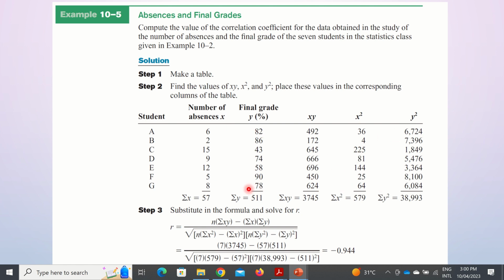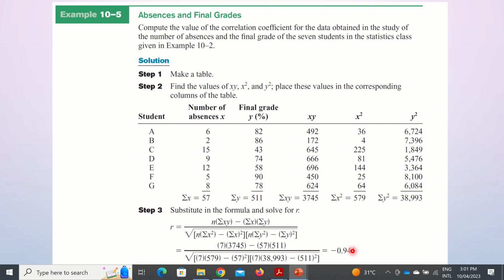If you put the values in the formula, we get minus 0.944, which is obviously a negative number, and in that scatter plot you might have seen that the line was sloping downward. So we have a negative correlation coefficient in this case. It means the data has a strong negative linear relationship.